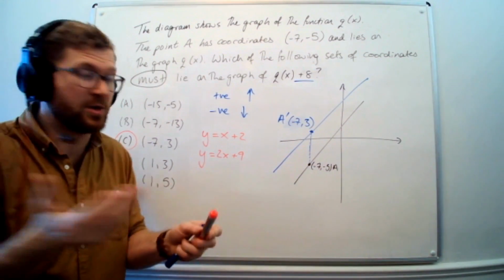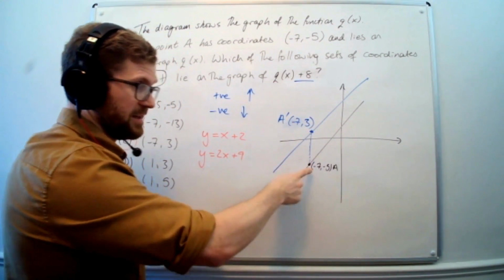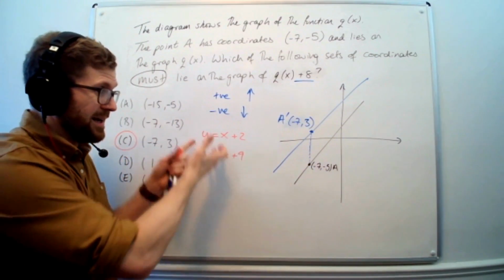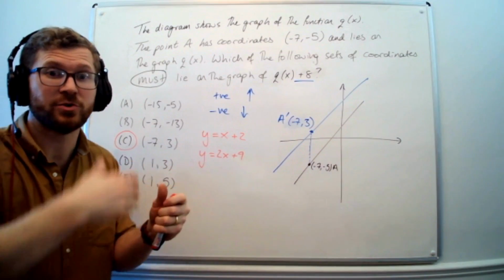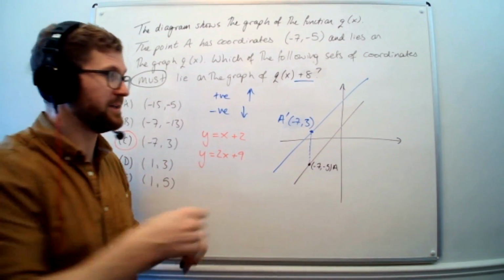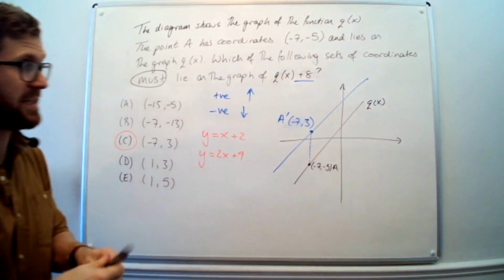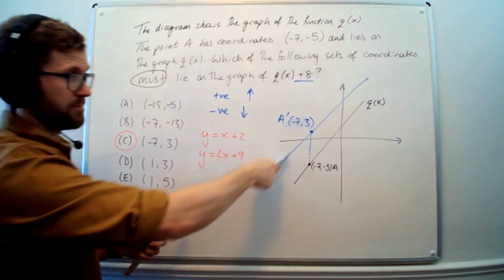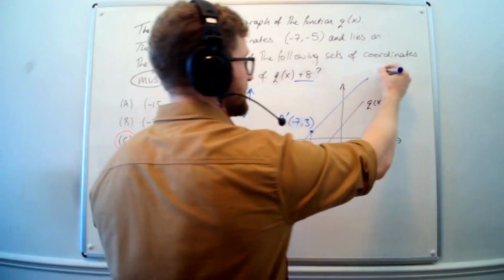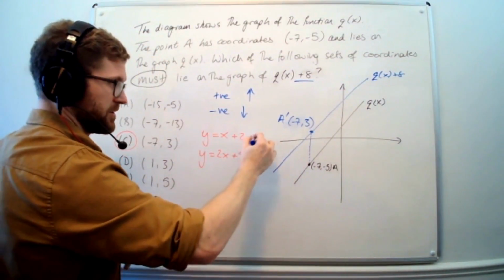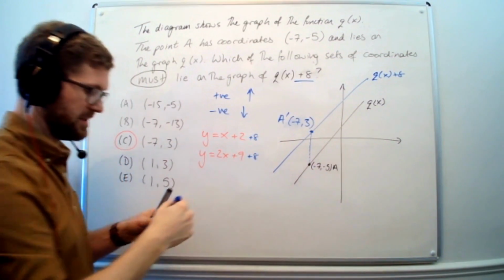So because the only thing I know about the line is this one point, I don't know any other points, I don't know a slope, I don't know an intercept, these two equations could be the black line here that we had that was q of x. All right. Now, to get to the blue line, this q of x plus 8, all we did was add 8. So I could add 8 there and add 8 there.